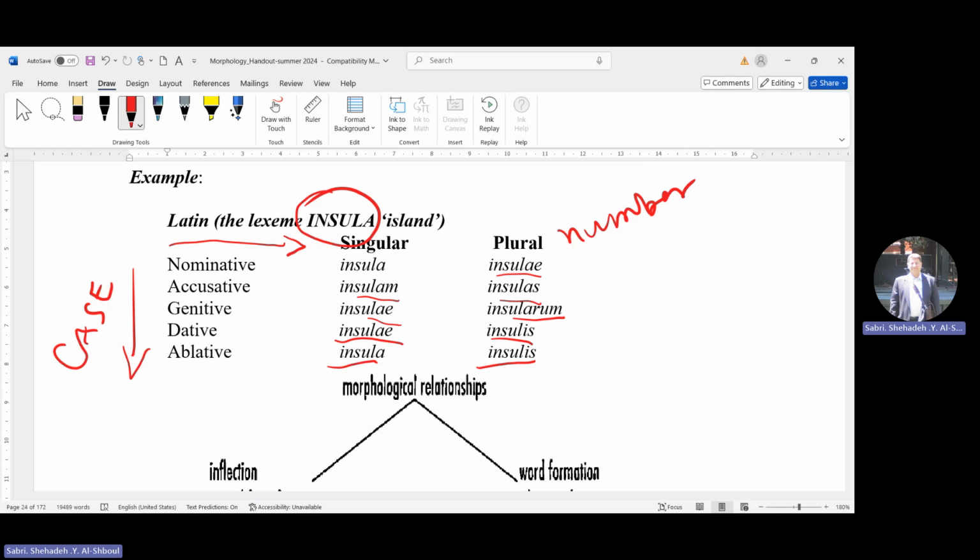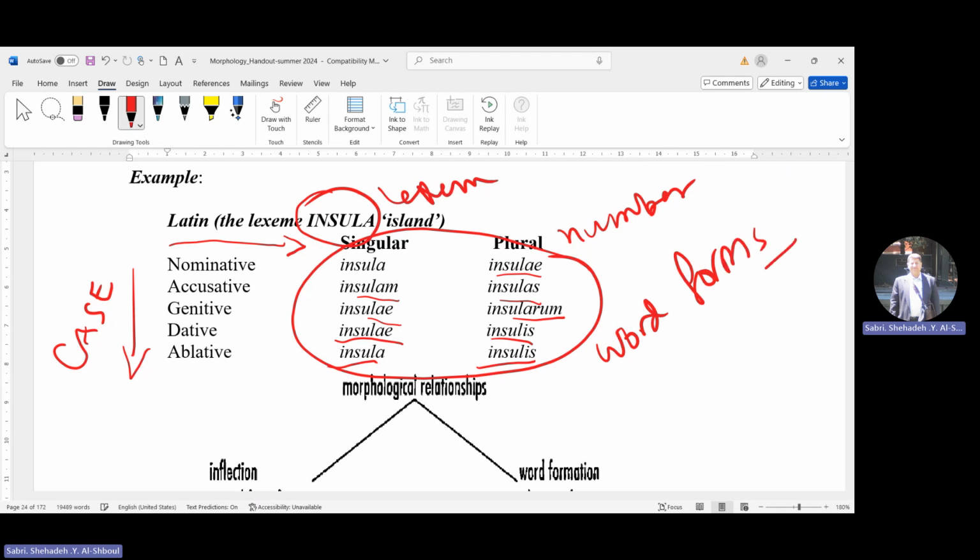This inflectional change is represented via number and case in this data. So here we say that insula is the lexeme, while these forms are word forms. So this is how, dear students, we come up with the notion of paradigm in the language.